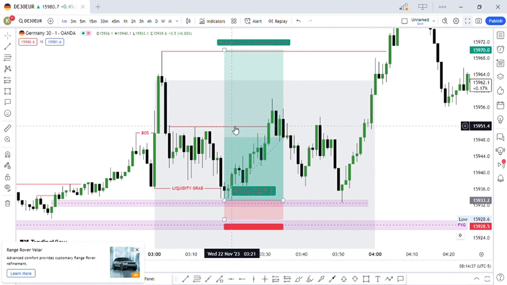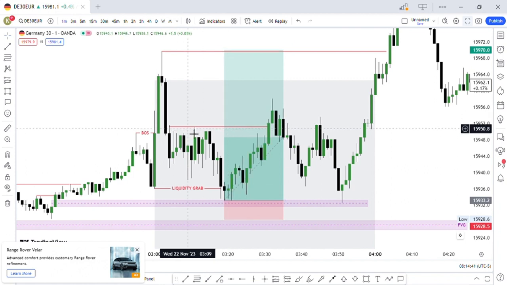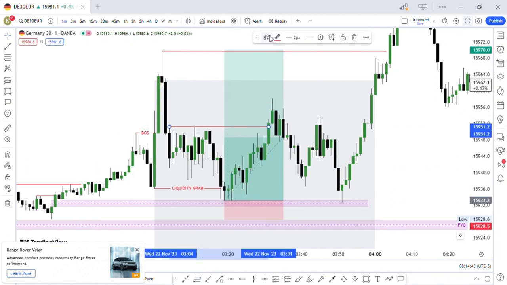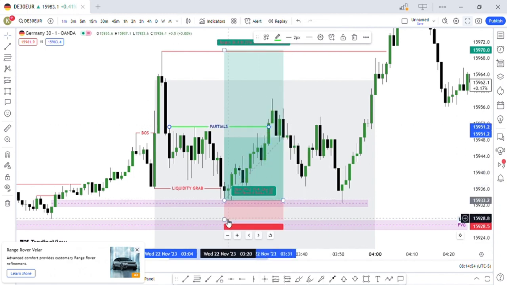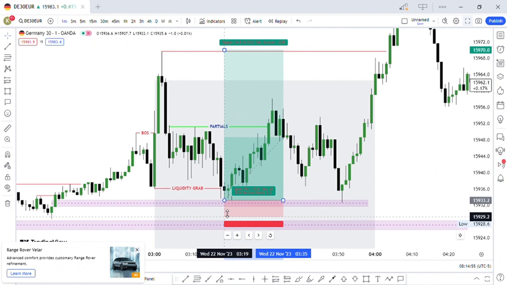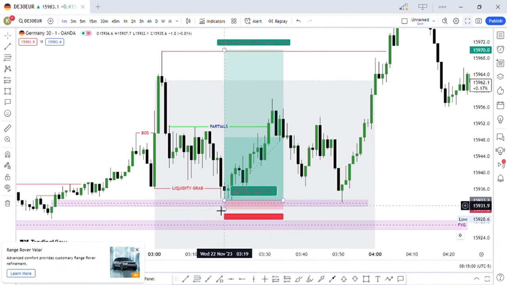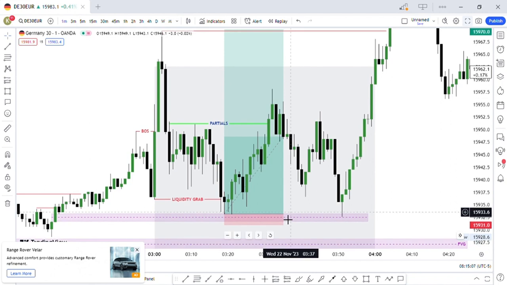So when the market comes here, you can take out your partials here and move your stop loss. This is why we are anticipating the market to come into the fair value gap and tap into the 50% of the fair value gap, right?